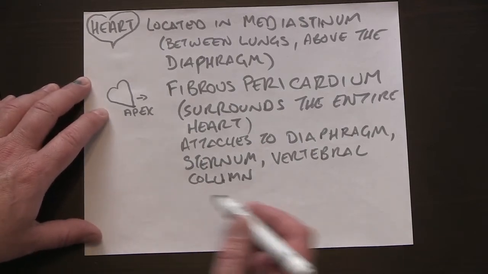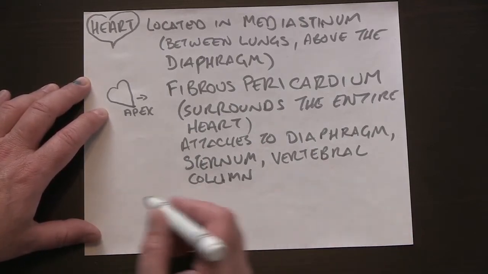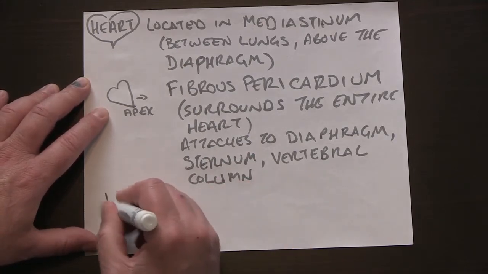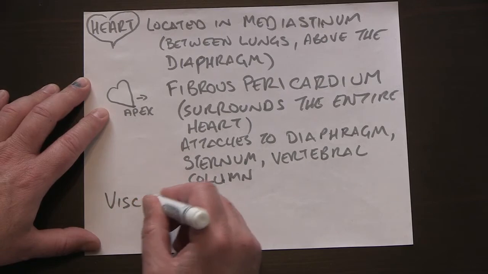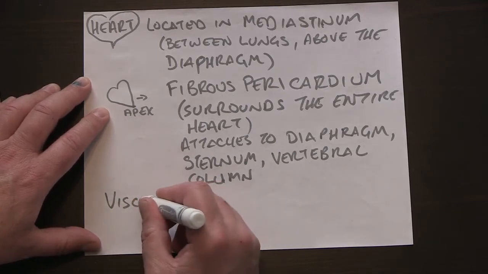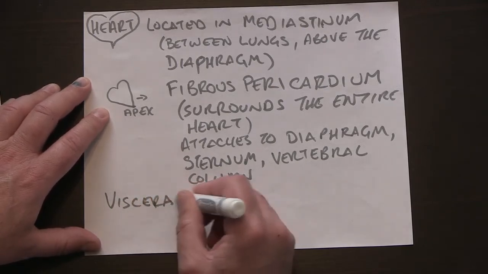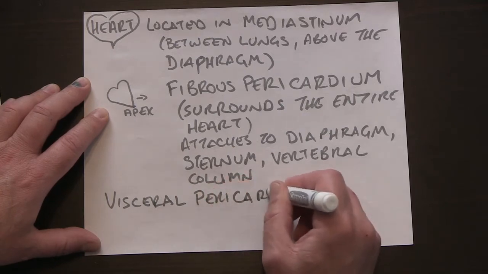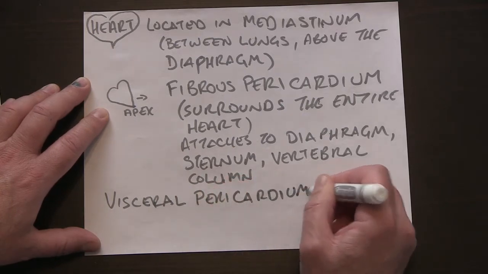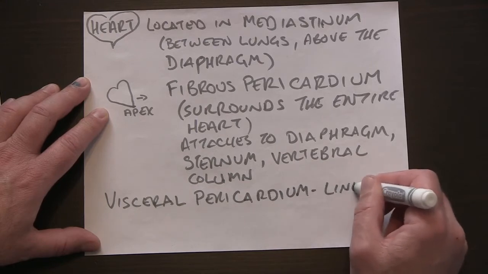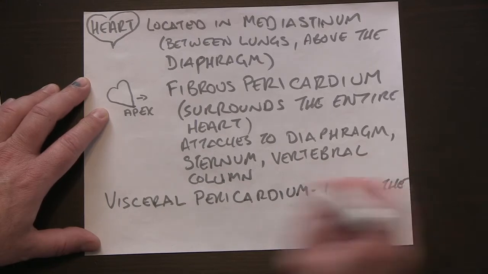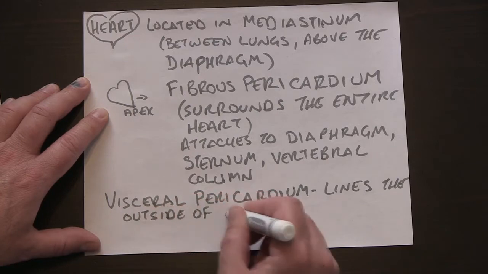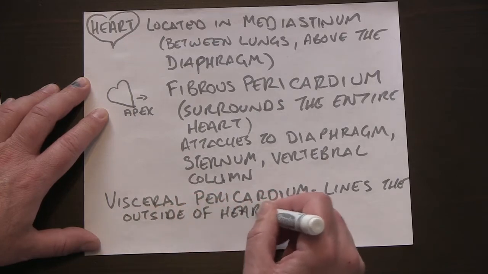So the serous membrane that lines the outside of the heart is the outside layer of the heart. It's called the visceral pericardium of the heart.